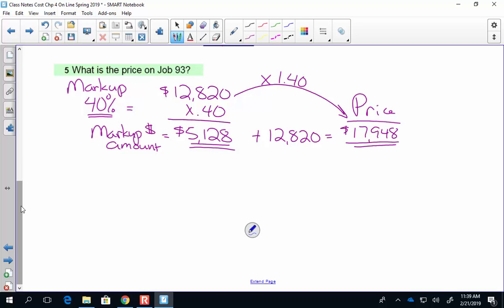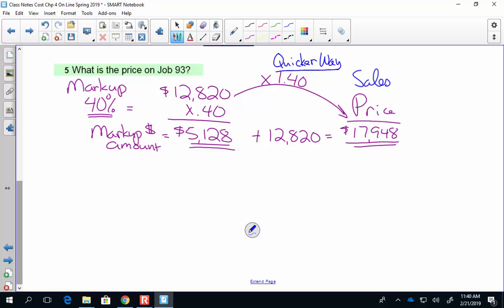Also, you'll be asked to mark up our cost, right, for a selling price, a sales price. In this case, I marked it up 40%, which means 40% is added to our cost. I take 40% of our cost, which is $5,128. I add my cost to come up with $17,948. A quicker way, right, is to simply multiply our cost by 1.4.